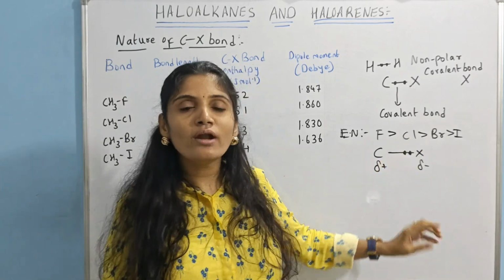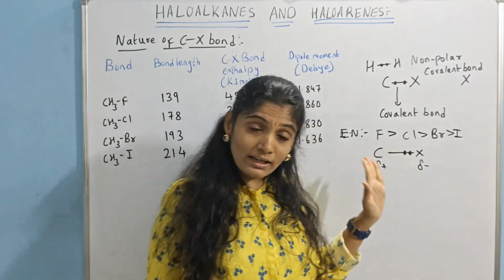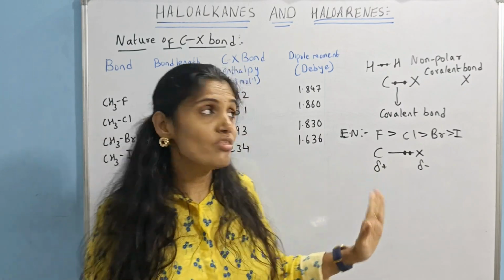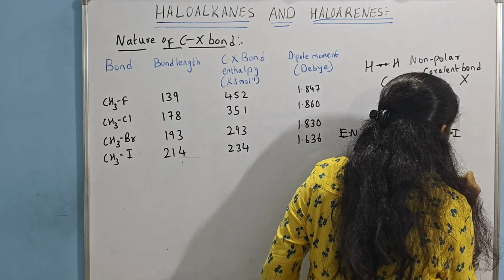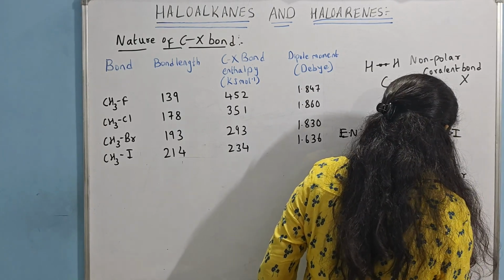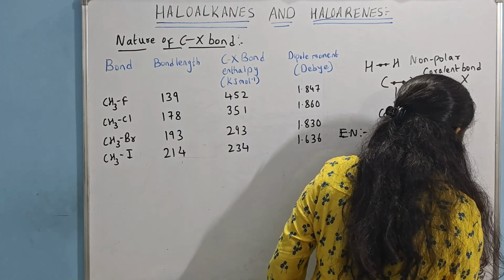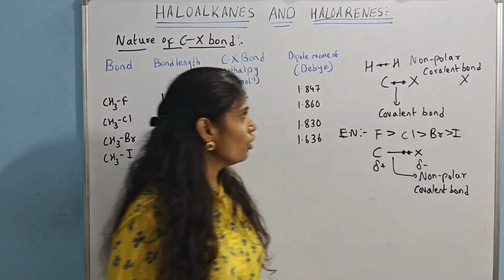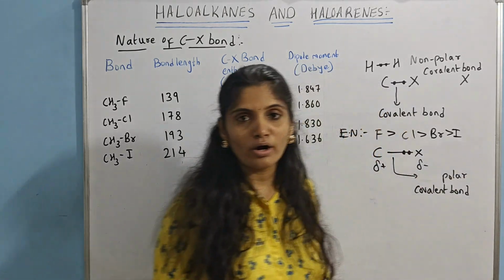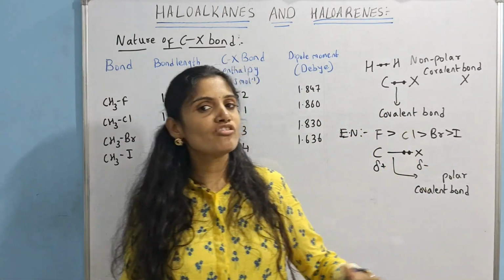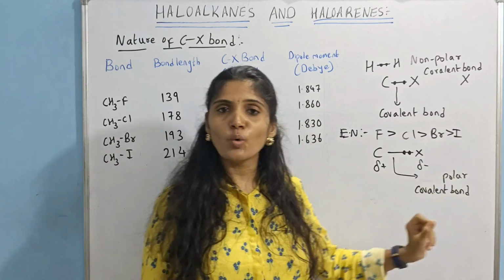In this covalent bond we can clearly see there is some polarity due to the charges. So this covalent bond I call a polar covalent bond, because here I am talking about partial charges.